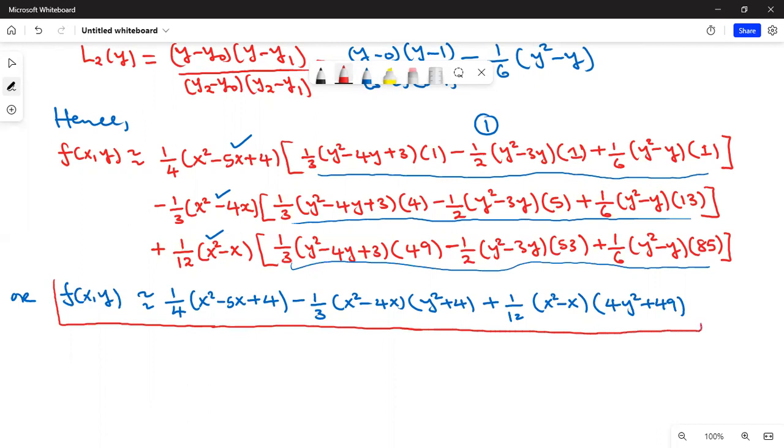Now I want us to use this polynomial to be able to obtain f of 2, 2. That is the value of f when x is 2 and when y is also 2.